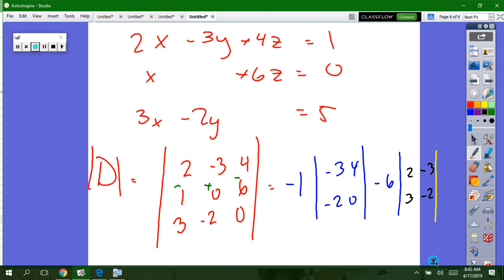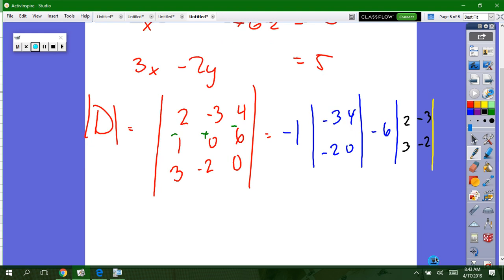Okay. So here's what we got. -1 times -3 minus a -8. Everybody see where I got that from? Oh, that's 0, isn't it? That's impressive. I like that one. Because 3 times 0 is 0, right?